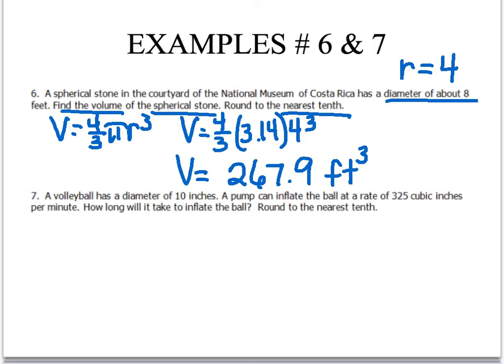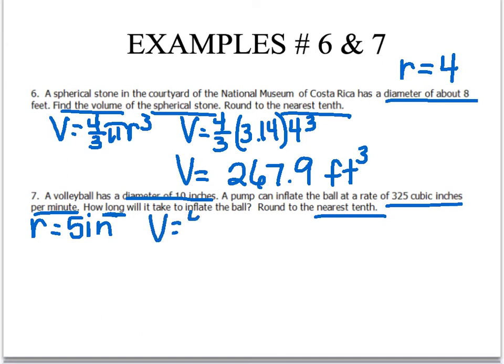Number 7 says a volleyball has a diameter of 10, which makes our radius 5 inches. A pump can inflate the ball at a rate of 325 cubic inches per minute. How long will it take to inflate the ball? Round your answer to the nearest tenth. So we're going to find the volume first.